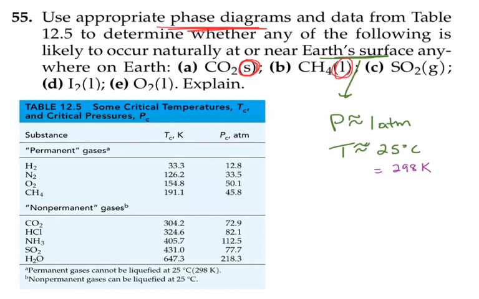Some of those other ones will be a little bit harder. Each one's going to be a little different, but for carbon dioxide, at normal atmospheric pressure and temperature, it's going to be a gas. That's the way you skin that cat.